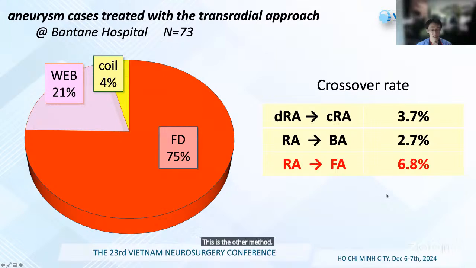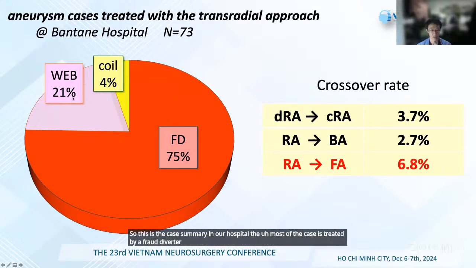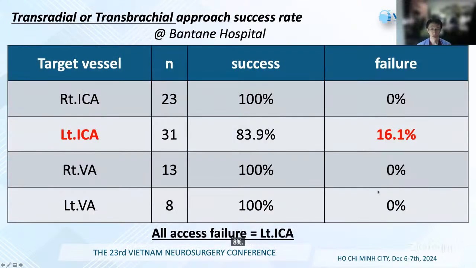This is the case summary in our hospital. Most of the cases are treated by flow diverter, and about 20% are WEB cases. In these cases, the crossover rate to the femoral artery is 6.8%. In this 6.8%, the target vessel was all in the left ICA.